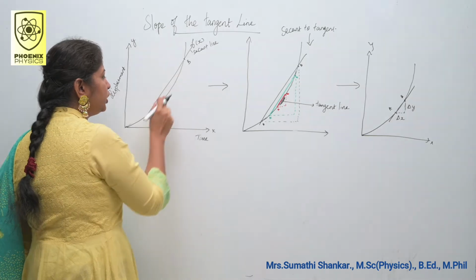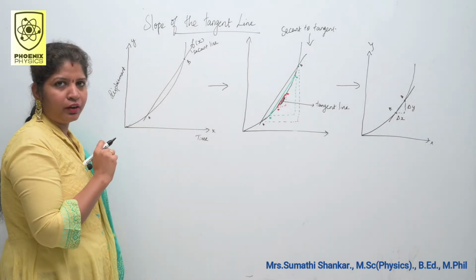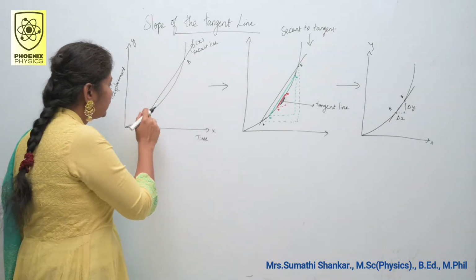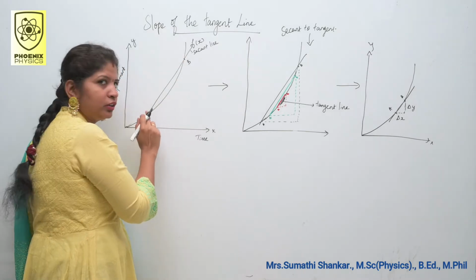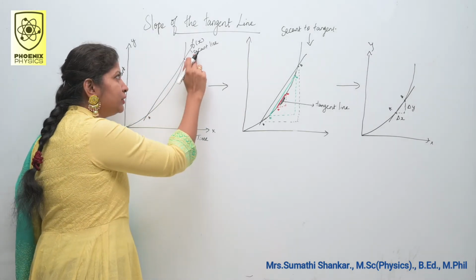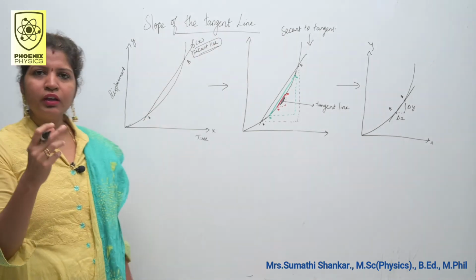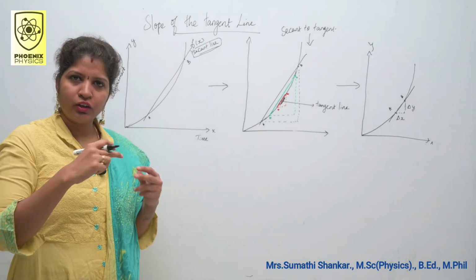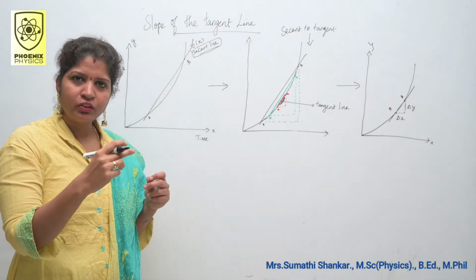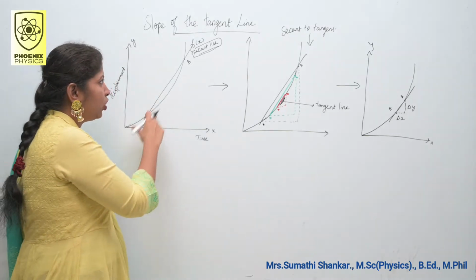A and B are the 2 points on the graph. You just connect these 2 points by a line. This line is called a secant line. What is a secant line? It is nothing but a straight line which connects 2 points on the graph.